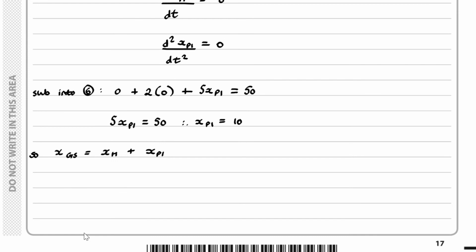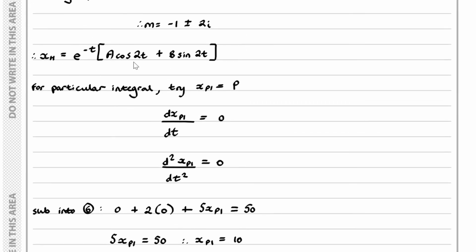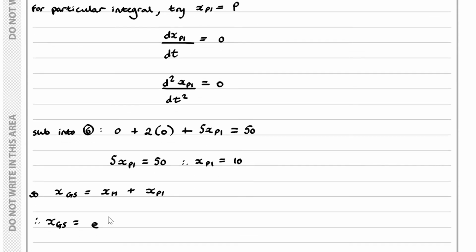And therefore we can conclude our general solution, that's going to be equal to our homogeneous equation, which is this result over here, e to the minus t lots of a times by the cosine of 2t plus b times by the sine of 2t plus this extra 10, which is the particular integral.